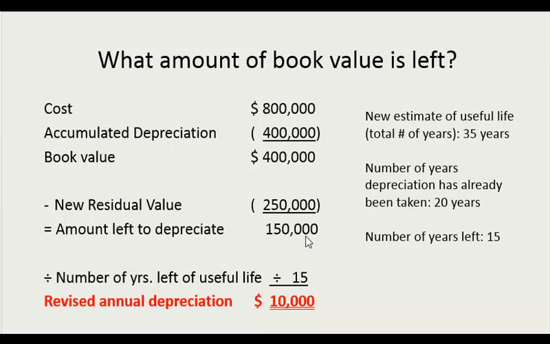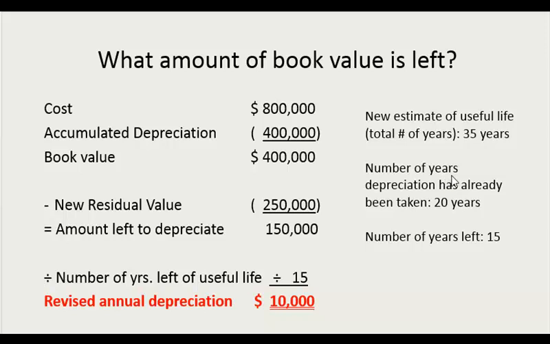So we're going to take the $150,000 amount that's left to depreciate, divide it by the 15 years of remaining useful life to get to our new revised annual depreciation expense, which we will begin taking in the year 2005.